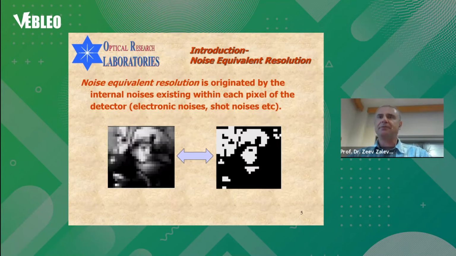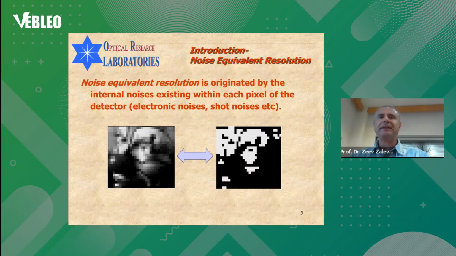And the third type of resolution limitation is related to signal-to-noise ratio, because every pixel that captures information translates the photons that arrived at this pixel to electrons. And those electrons are given an analog readout that is being converted to a digital readout by using an A to D, analog to digital converter. And now the question is, what is the quantization noise that we have?